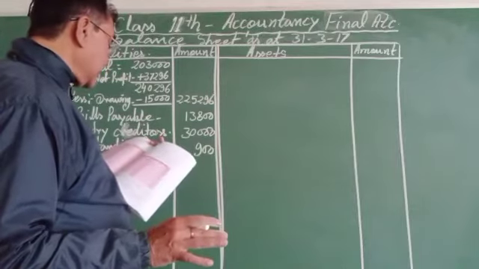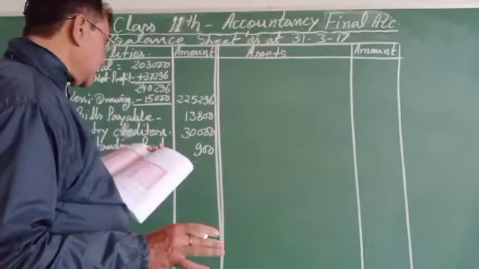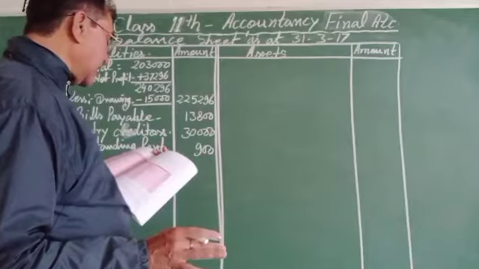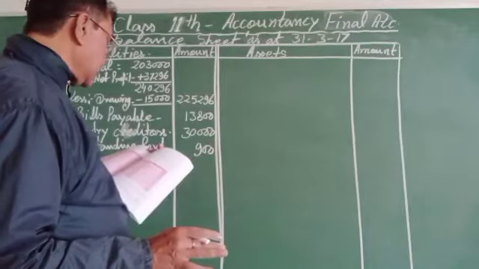Then interest earned but not received, and write off 1/4 of the advertisement expenses.